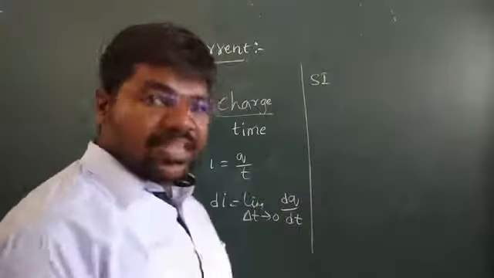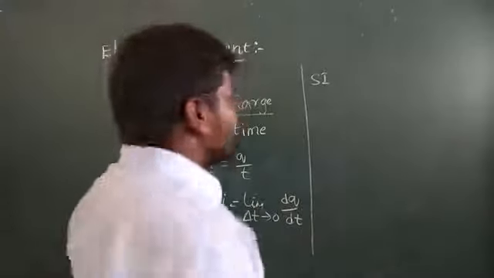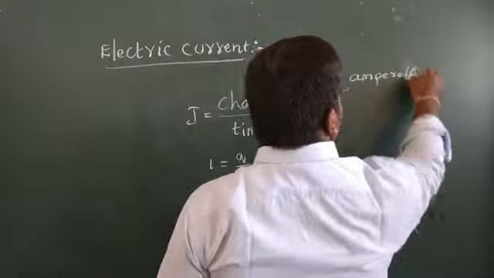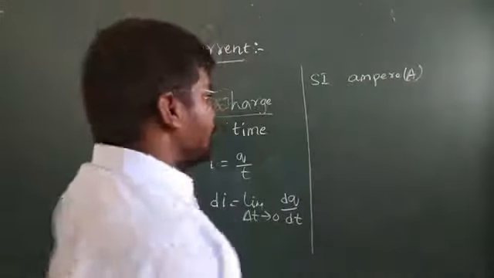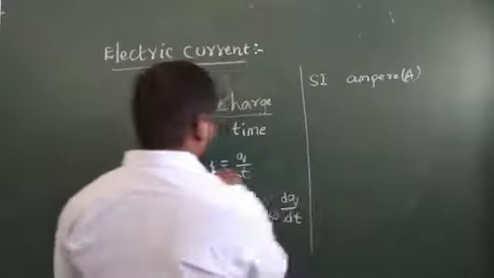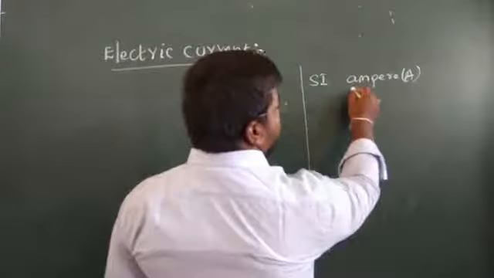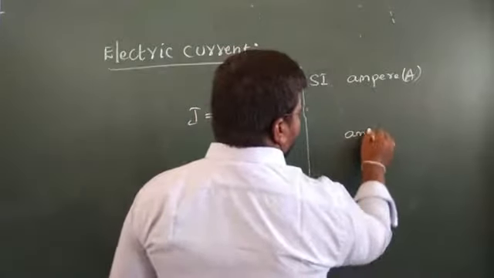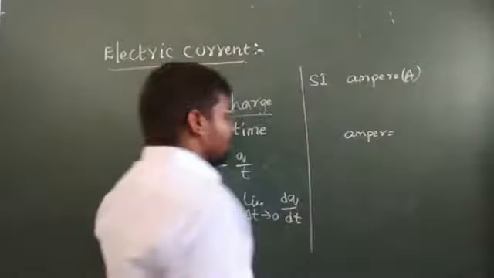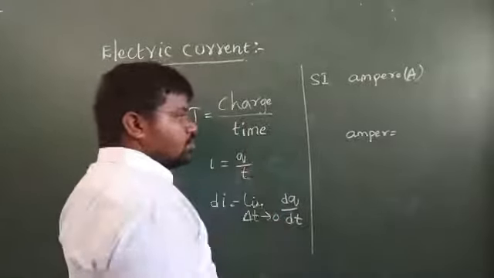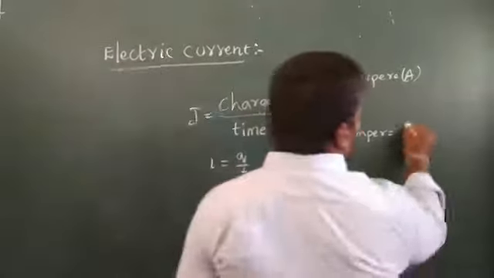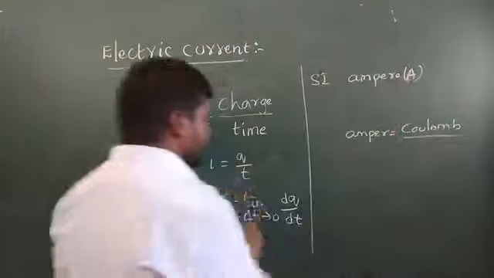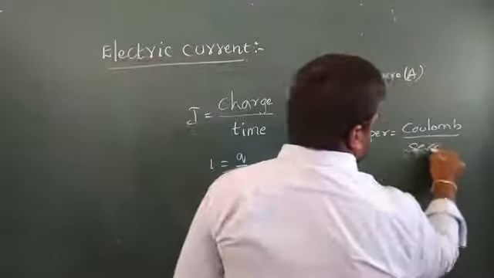Coming to SI units. The SI unit of electric current is ampere, symbol capital A. From the formula, the SI unit of current, ampere, is equal to charge in coulomb divided by time in second.